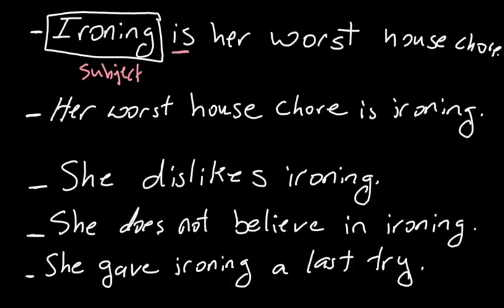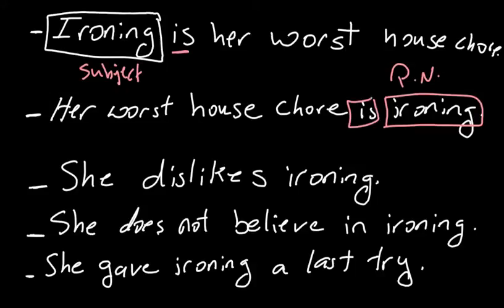In the second instance, "Her worst house chore is ironing," again the gerund ironing functions as a predicate nominative that follows the linking verb and renames the subject.